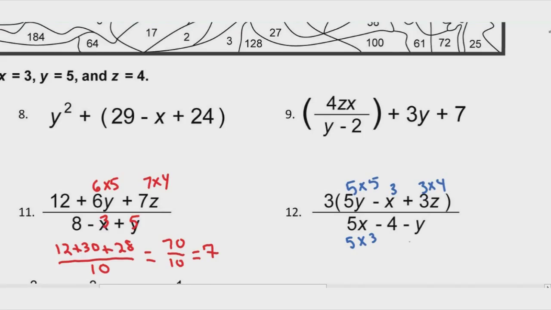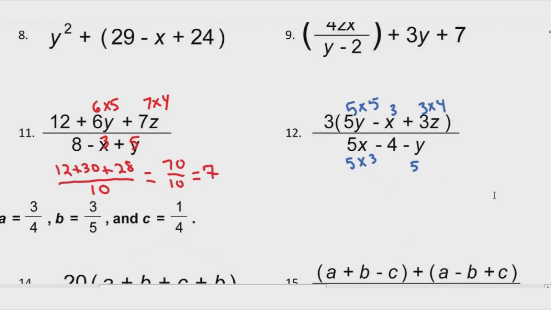Then we have 4, and y is 5. We have 3, parentheses, 5 times 5 is 25, minus 3, plus 3 times 4 is 12, and the parentheses, and this whole thing is going to be over 5 times 3 is 15, minus 4, minus 5.